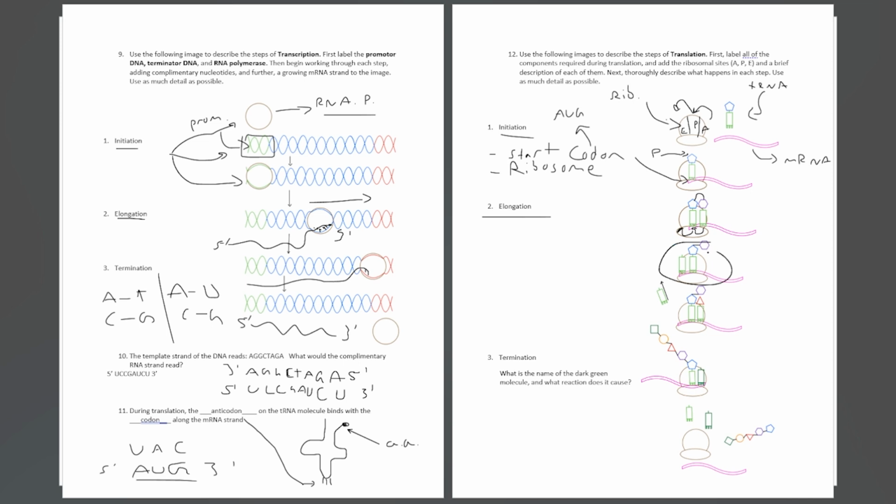And then we have sort of this, right? Our first amino acid is down here, and our next one is up here. So during elongation, we have a tRNA at the A site, and the amino acid attached to the tRNA gets attached to the amino acid at the P site.